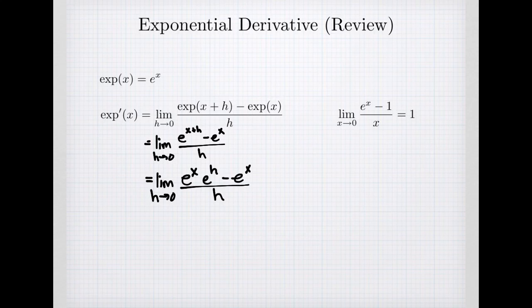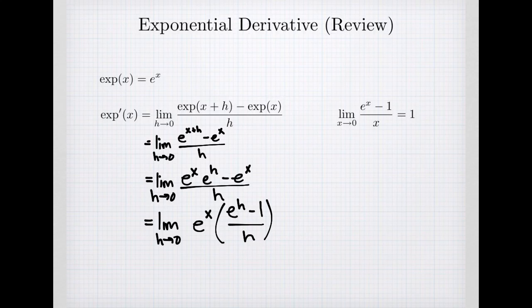So I've made a transformation from the exponential of a sum into the product of two exponentials. Once I have this, I can factor out my e to the x, so this is really the limit as h goes to 0, factor out e to the x, and I'm left with e to the h minus 1 over h.